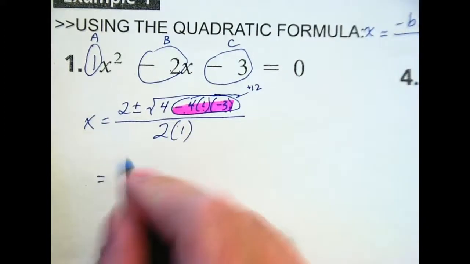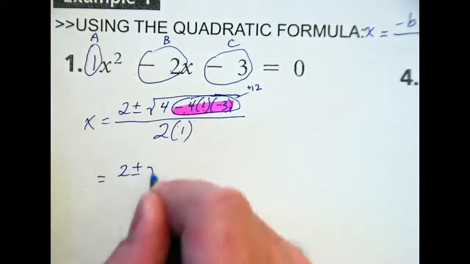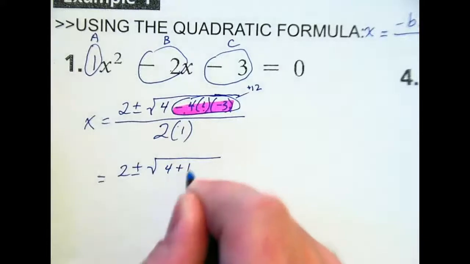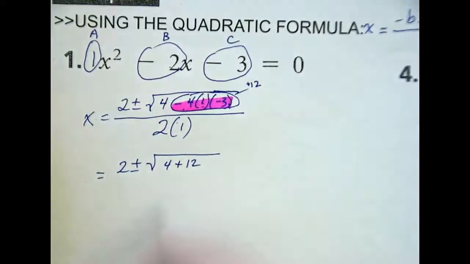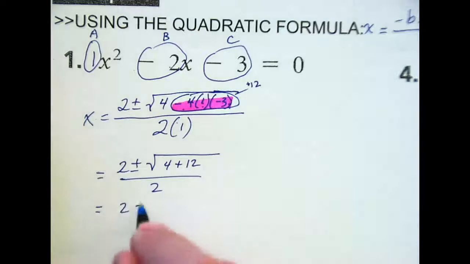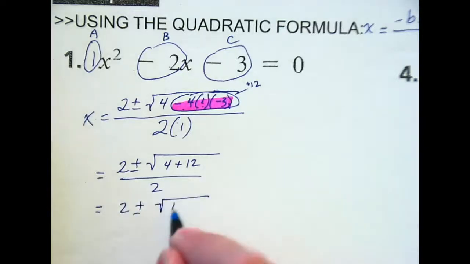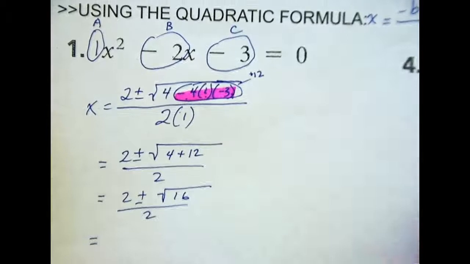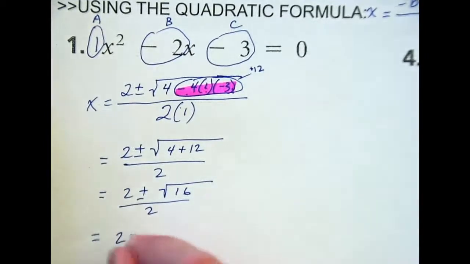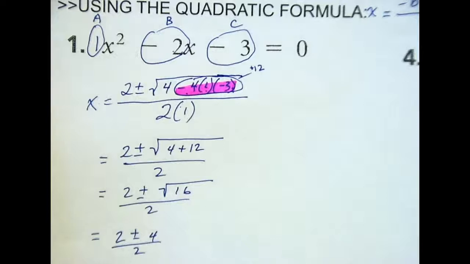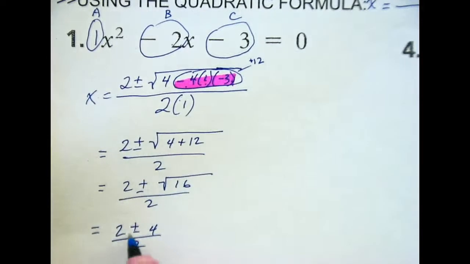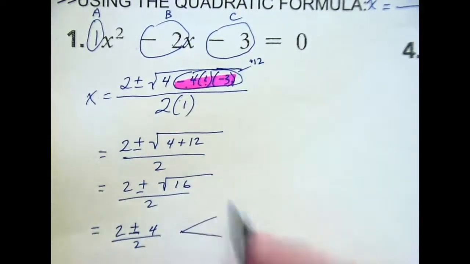That way, when I simplify, it's 2 plus or minus the square root of 4 plus 12, over 2. It's equal to 2 plus or minus root 16 over 2, which gives me 2 plus or minus 4 over 2. At this point, I've simplified that radical as much as I can, and I now have two answers.